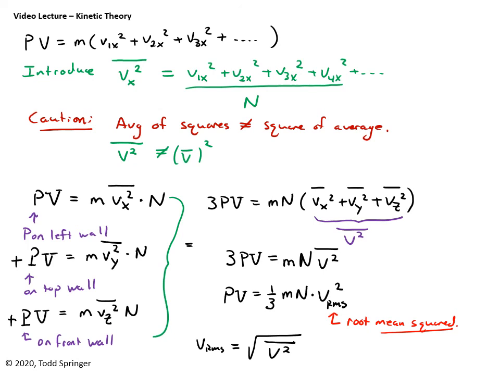So with this model I've related the stuff on the left, which is macroscopic, to the stuff on the right, which is microscopic. I've made a connection between the macroscopic world and the microscopic world through this model of a gas as being composed of a bunch of hard spheres bouncing off of each other, conserving momentum and energy.